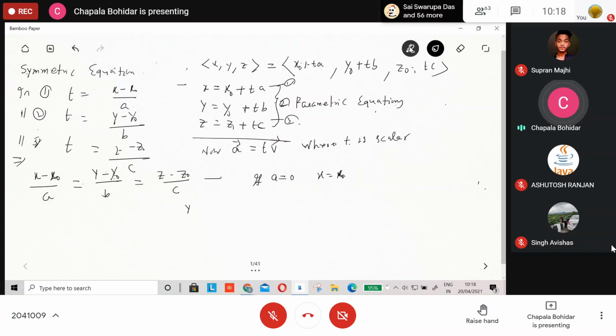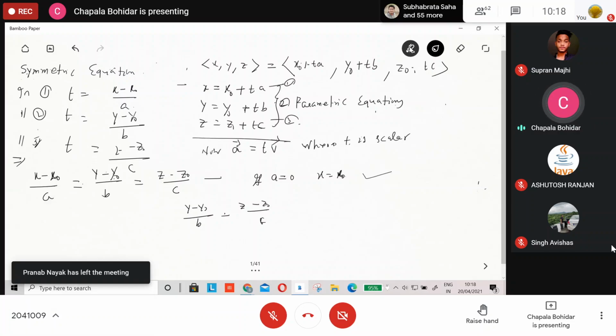Then y minus y0 divided by b is equal to z minus z0 divided by c. Similarly, if b is equal to 0, we get x minus x0 divided by a is equal to z minus z0 divided by c. Or c equal to 0 also we get like that. So you cannot say it is infinity, don't say it is infinity. Put a equal to 0 and we get x is equal to x0. Okay, this is one point for the symmetric equation.